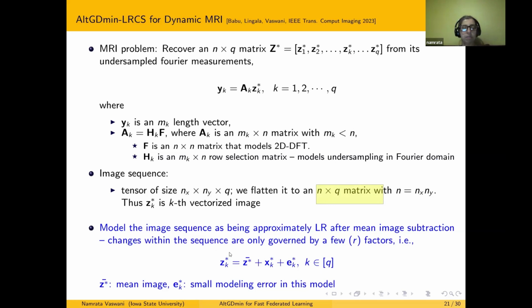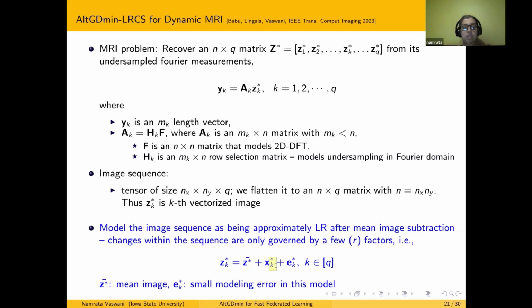Z star k, and then here, instead of just the low rank model, you use what's called a 3-level hierarchical low rank model. You assume Z star k can be written as a sum of a mean image, which doesn't change across time k. The reason for this is MR images change very little over time. So there is a mean component; if you subtract it out, the rest of the recovery can be much more accurate.